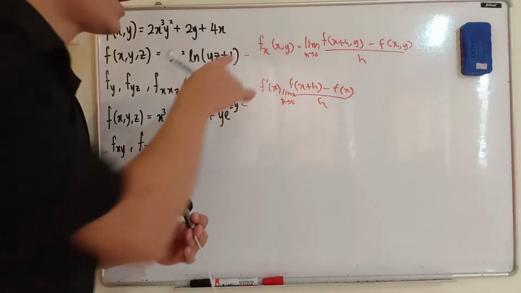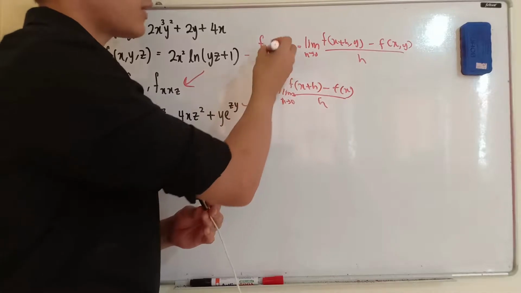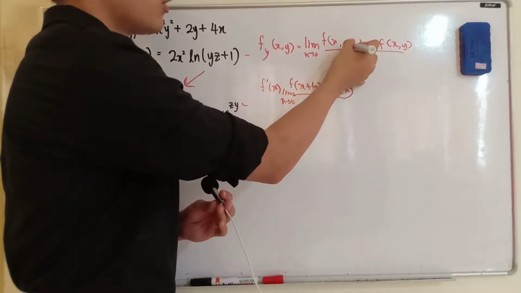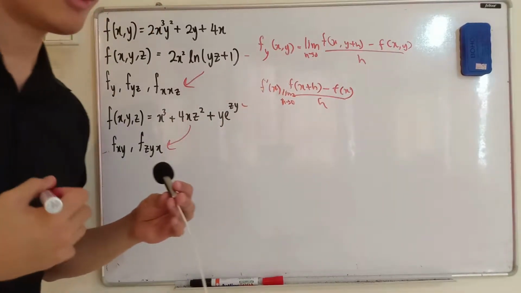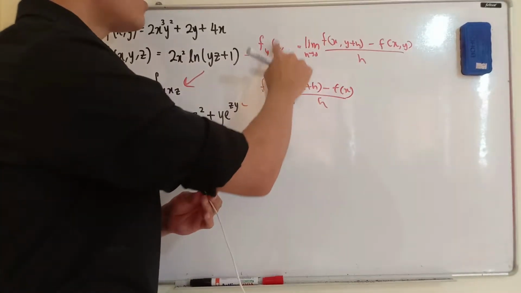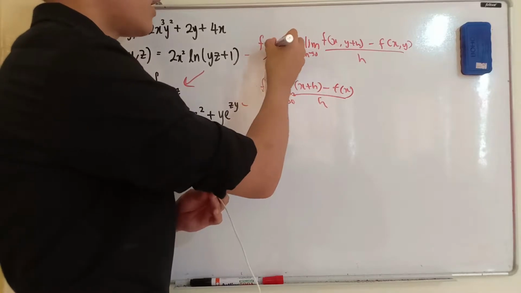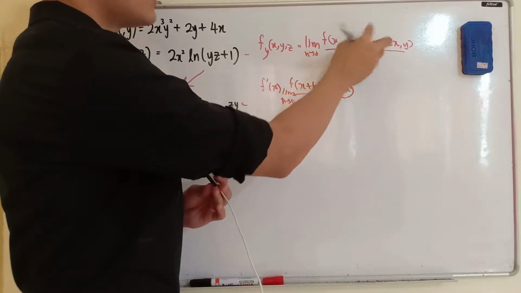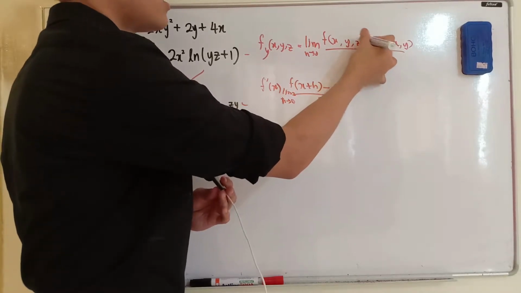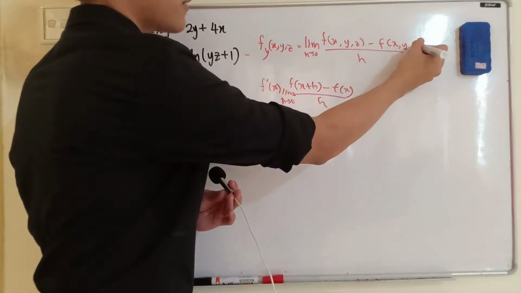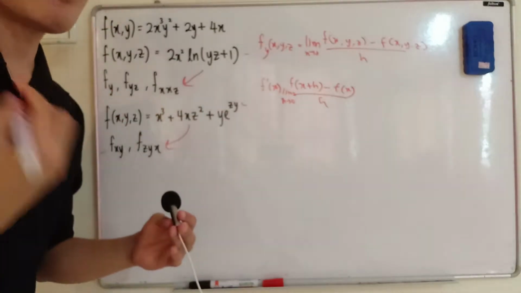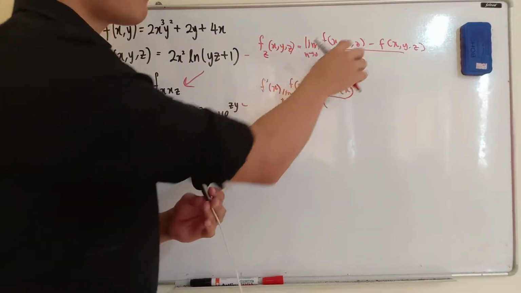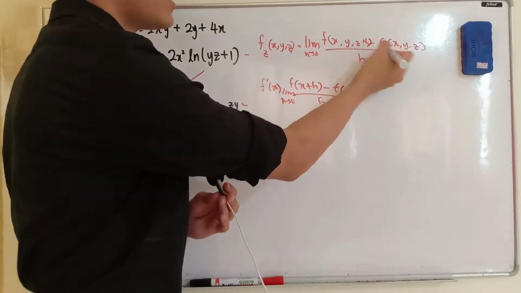If I want to differentiate with respect to y, this means my y is going to plus with h. If I have here f(x, y, z) and here also f(x, y, z), but now I want to differentiate with respect to z, this means my z is going to plus with h.